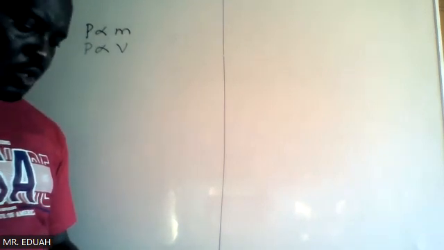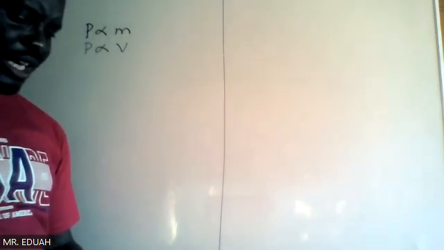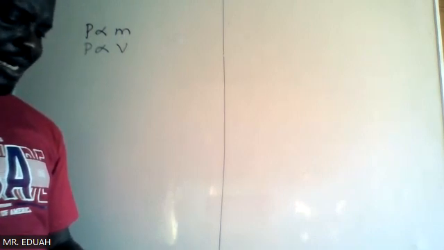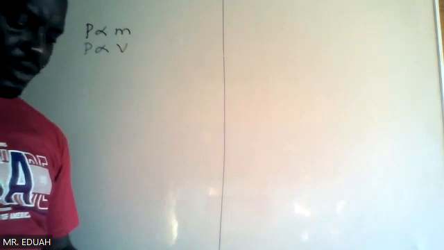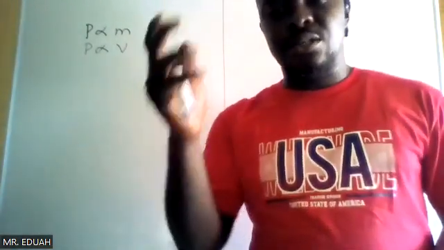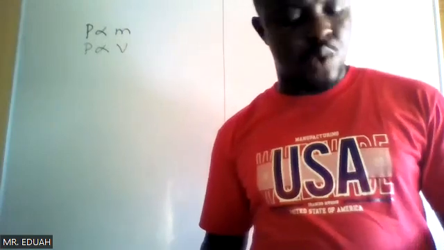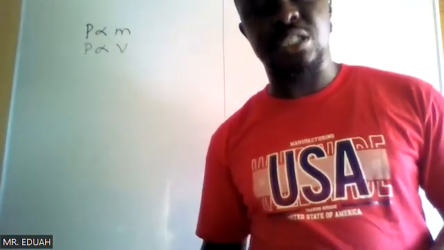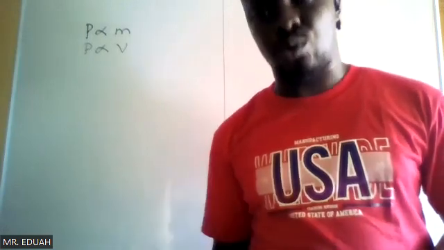Okay, so how will the momentum of an object change if A, the mass is doubled, but the velocity remains the same? Without even calculating, you can conclude that when the mass is doubled and velocity remains constant, momentum too will double.